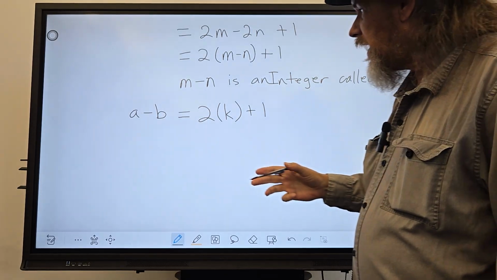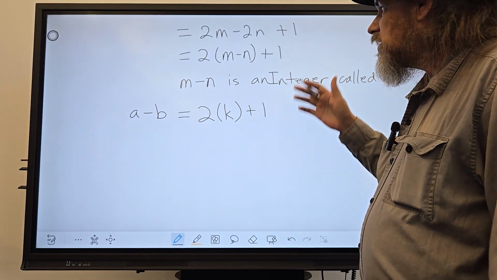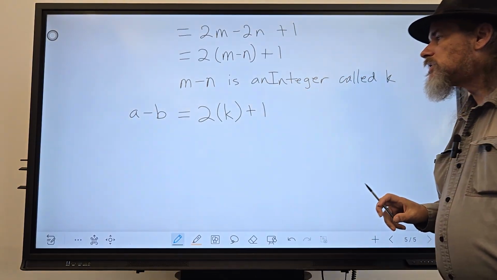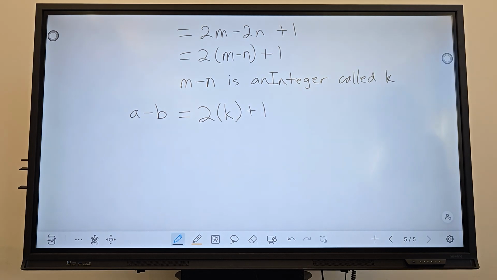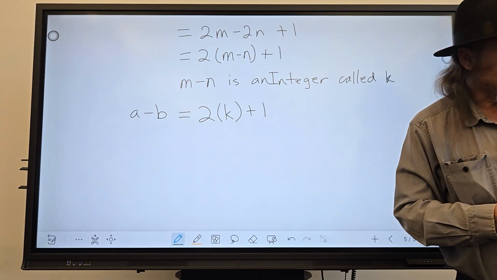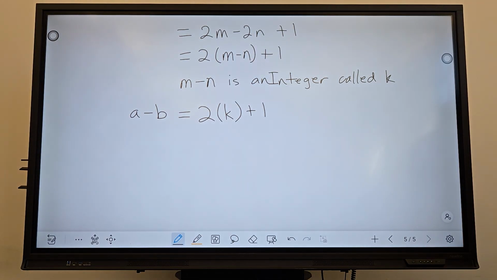And therefore, a minus b equals 2k plus 1, which by the definition of odd means that a minus b is, in fact, an odd number. So that's theorem 4.2.1: the difference of an odd integer and an even integer is odd.